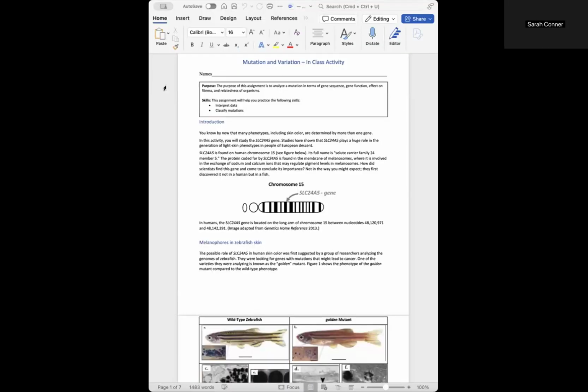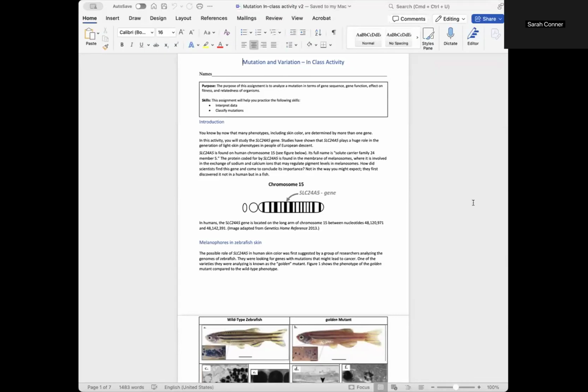So this is what the assignment looks like. You're looking at genes that include different color variations. The purpose is to let you analyze mutations in a gene sequence, the gene function, and how it affects the fitness of the species or the relatedness of the organism.